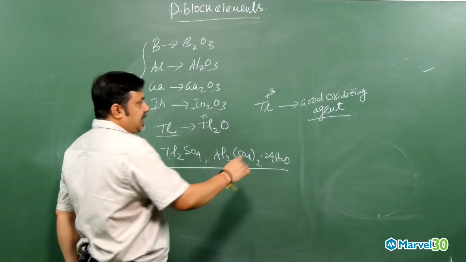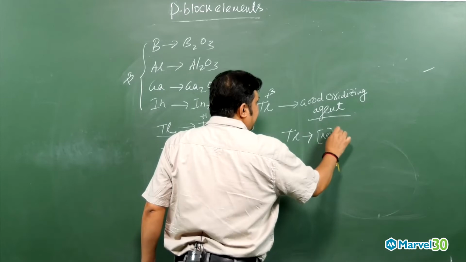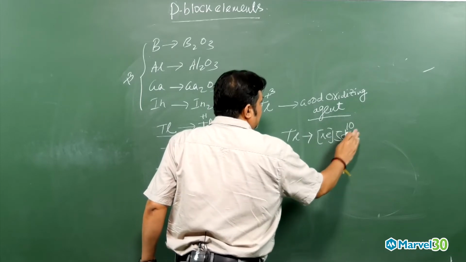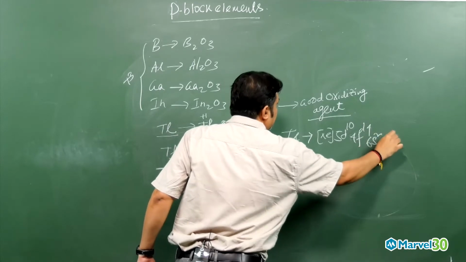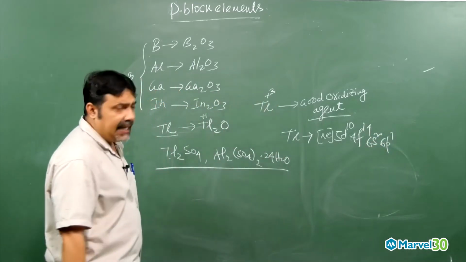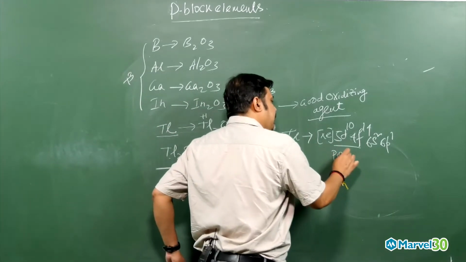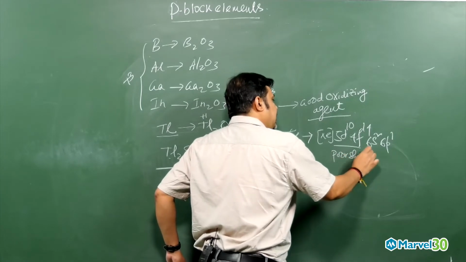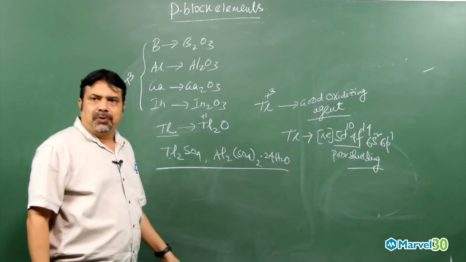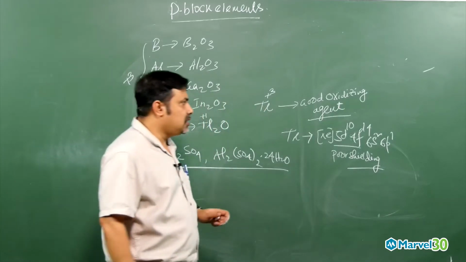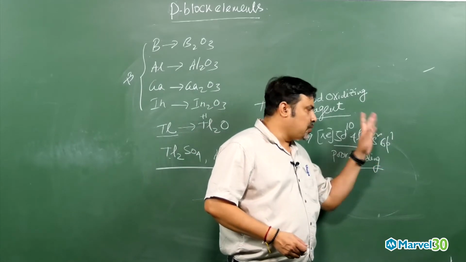Already we wrote the thallium electronic configuration: xenon core 4f14 5d10 6s2 6p1. In the case of thallium, because of the poor shielding of d and f orbital electrons, the nucleus will be more powerful in attracting the valence electrons. The highest value of n is 6, with corresponding orbitals s and p containing a total of 3 electrons.